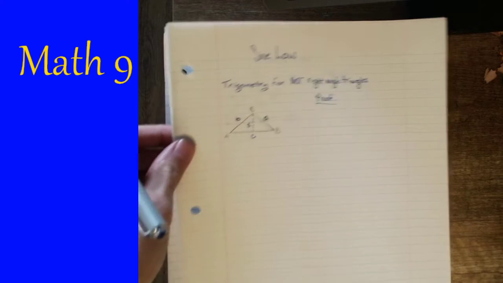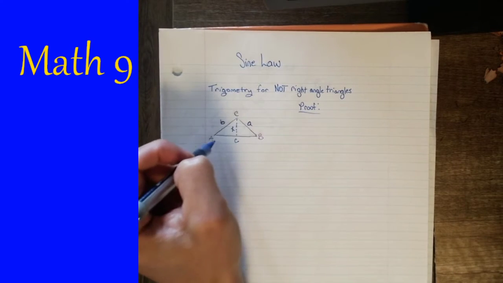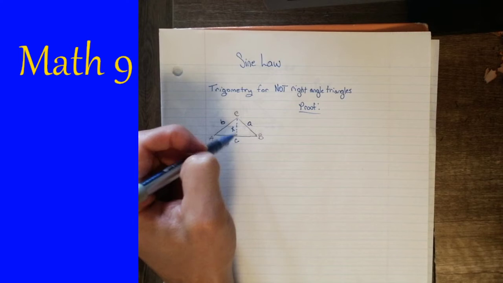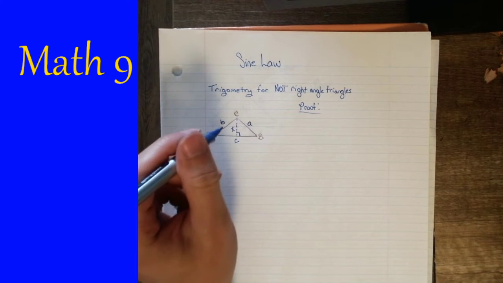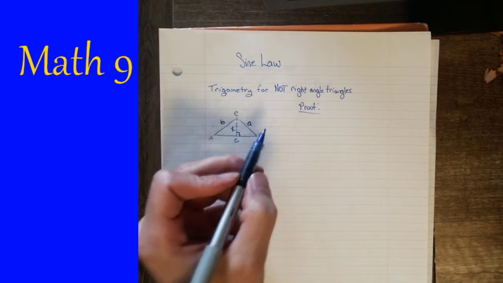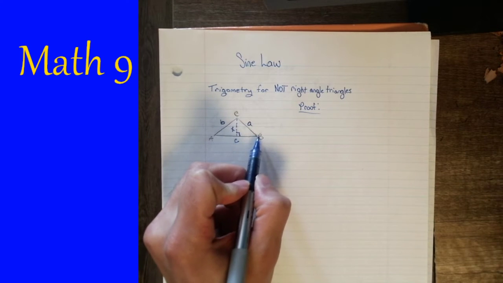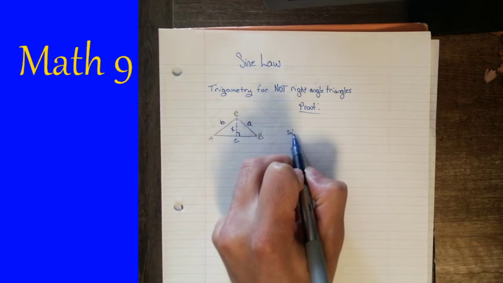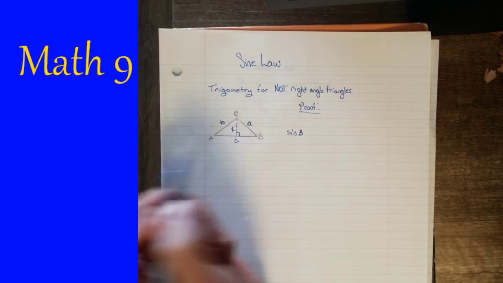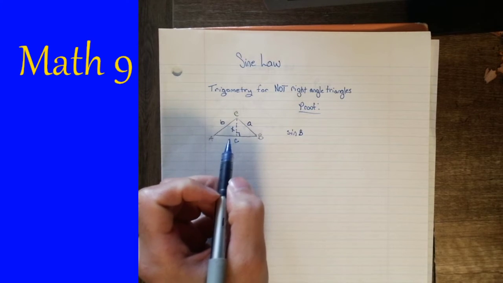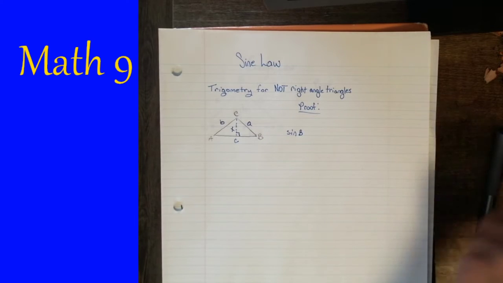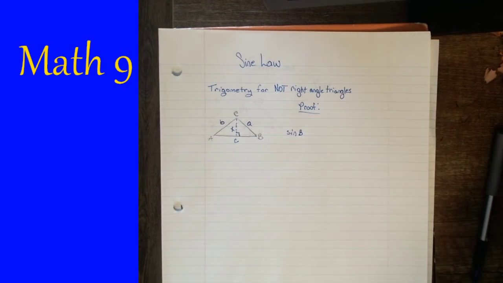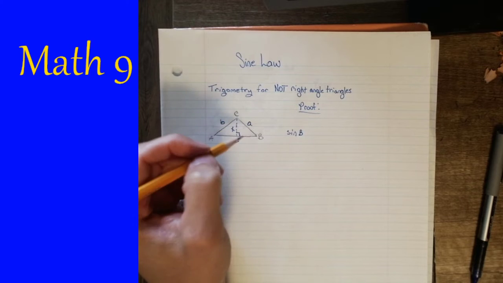Sine law works a little bit like this. If we have a triangle, we can section it into two right angle triangles. And from here, first we'll look at angle B. Sine of angle B is going to be equal to x over a.